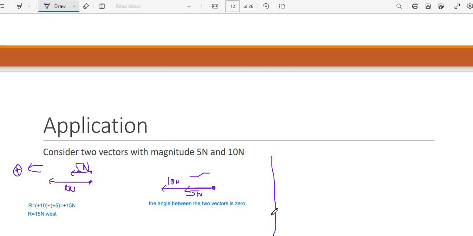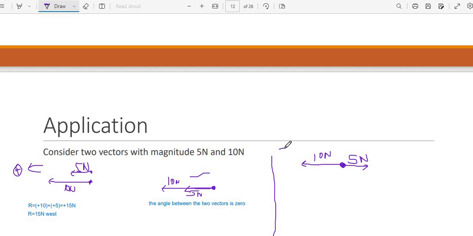Then let us try to find the resultant when the two vectors are in opposite direction. If they're in opposite direction, it does not matter how you place them, whether it's along the vertical or the horizontal, but I'm just going to pick the horizontal. Let us say that the 5 Newton was in the easterly direction, and let us assume that the 10 Newton was in the opposite direction, which is the westerly direction.